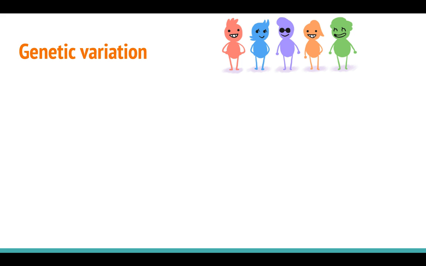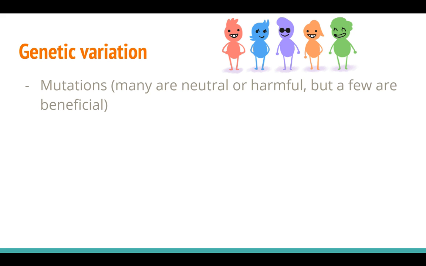So where does that genetic variation come from? This might be pretty obvious, but it's an important starting point, because when we're talking about genetic change in a population, we have to think about the differences that we begin with. Some of this variation comes from the process of mutation. Mutations happen randomly throughout the entire genome all the time. Many of them are neutral.